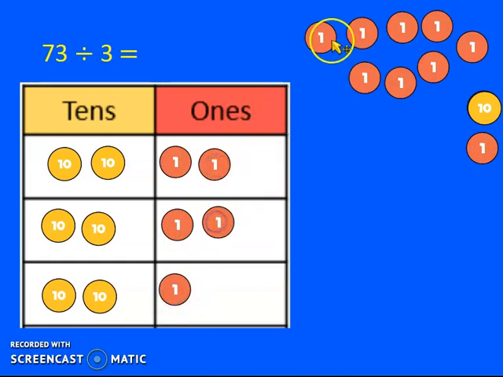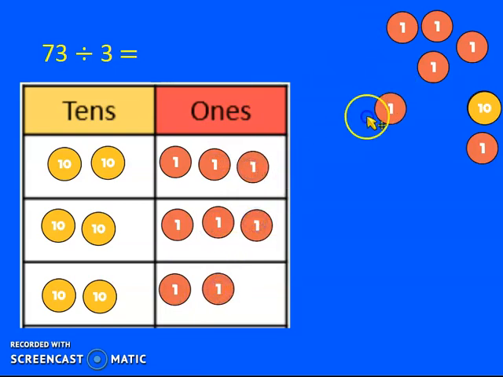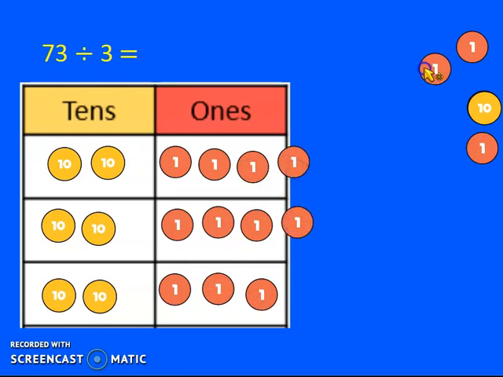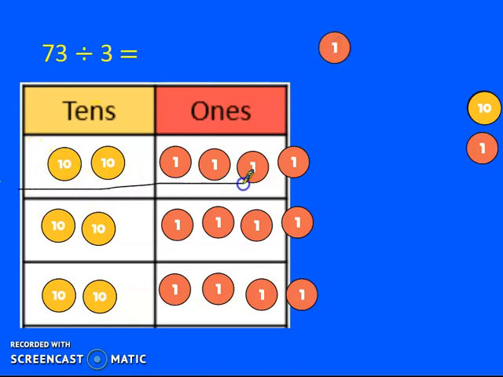I wonder if we will have any remaining. Let's see. So we have 1 left over. So we have in here 2 10s, which is 20, and 1, 2, 3, 4. So our answer would be 24.